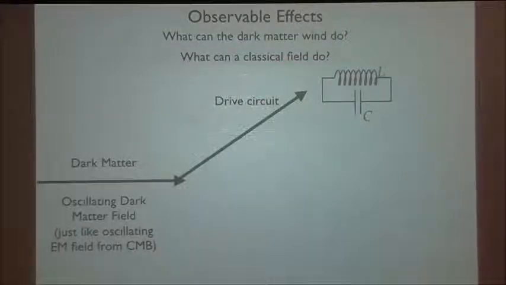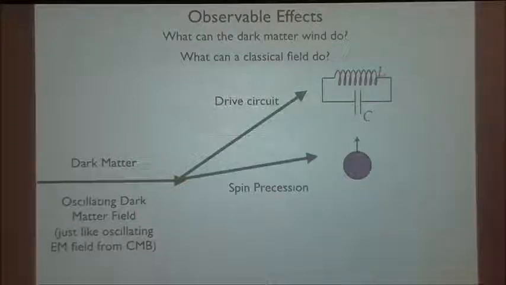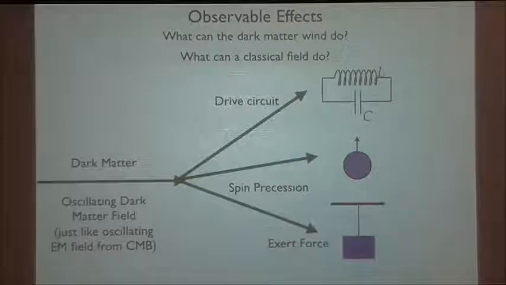The first thing this field can do is exert forces on electrons and drive currents in a circuit. Right? So this could be an LC oscillator, or it could be some kind of resonant cavity that gets excited because the dark matter is exerting some force on the electrons. The second thing it can do is that if you have a spin, say a nucleus or an electron, it can make the spin rotate. Right? That's an effect that can happen through a classical field.